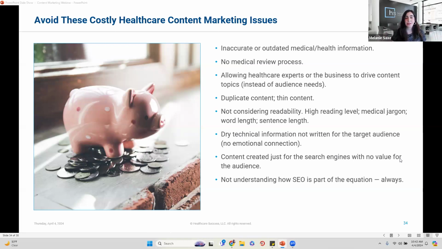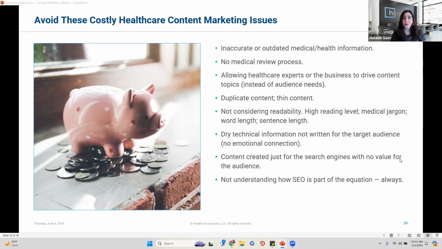If a content writer doesn't work with that surgeon to write that page, they're going to write a generic version of it and will not nail the unique selling proposition of your company and why your surgeon is choosing that particular surgery, their experience in it. So again, it's a missed opportunity.